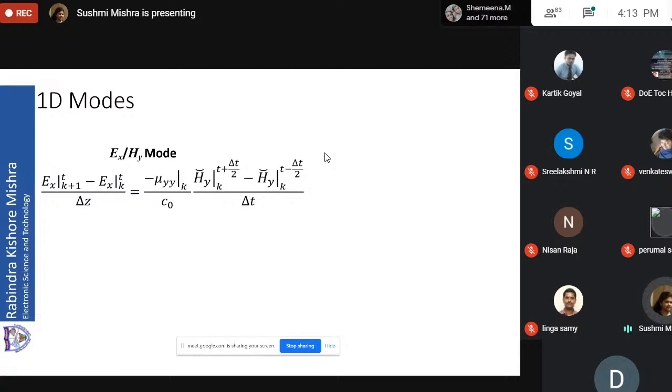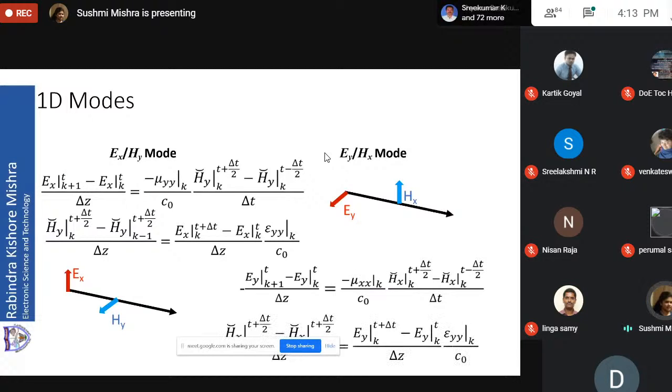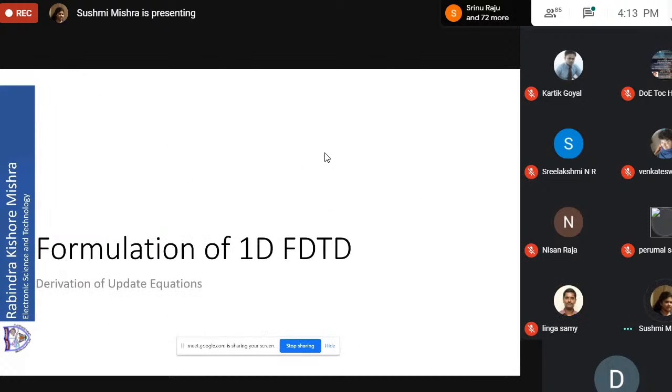And now we can have two modes: Ex, Hy mode, or Ey, Hx mode. So these will be two modes, and the discrete equations in E and H are shown here. I'm not going into that anymore. Just remember that these are the equations that we are going to follow.